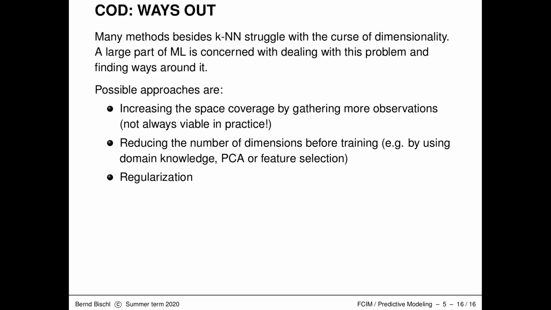So what are potential ways of guarding against these problems? One thing we can do is simply collect more data. That's of course not always viable in practice, but if possible, it's a really good idea. We can also reduce the number of dimensions before training. We could use something like PCA.